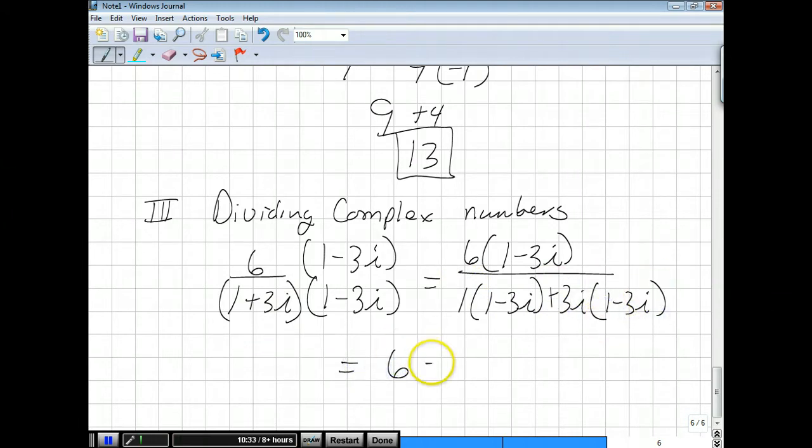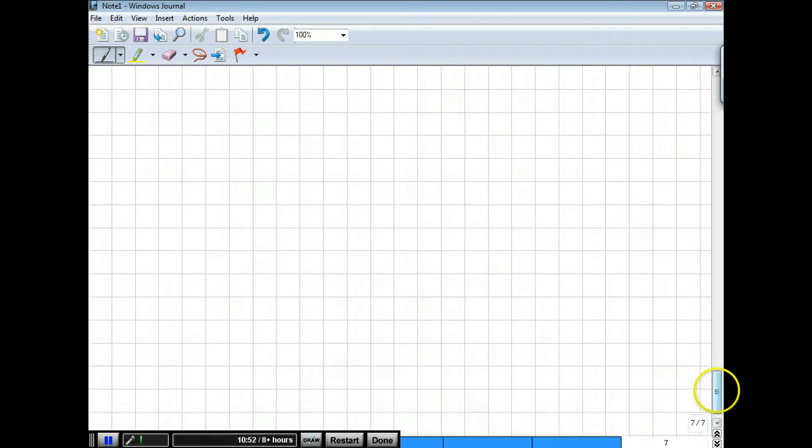So I get 6 minus 18i on top. On bottom, I'm going to get 1 minus 3i plus 3i. Now again, here's where we have to be careful. Negative times negative gives me a positive 9, and then i squared.